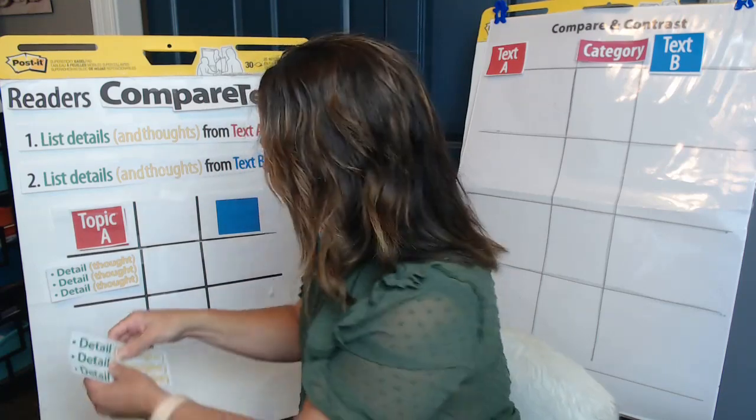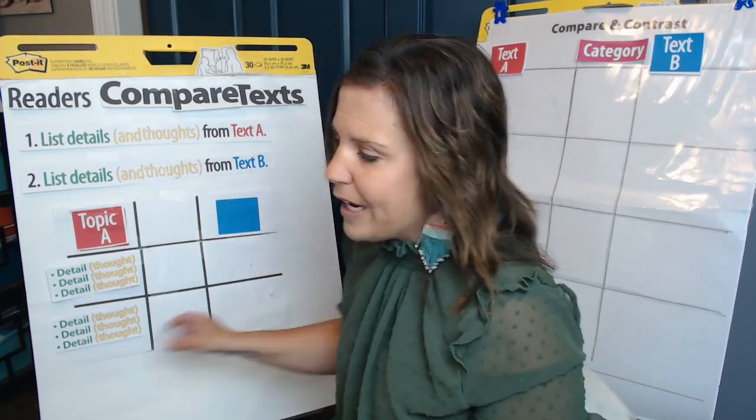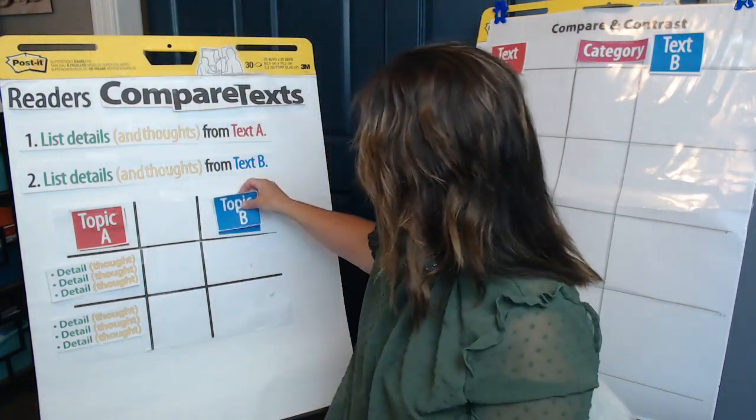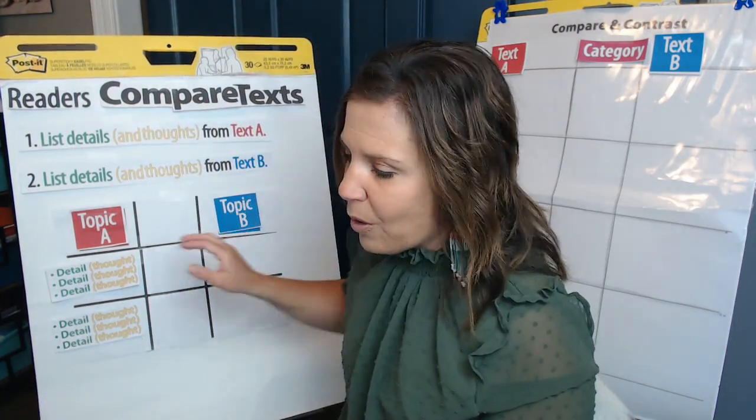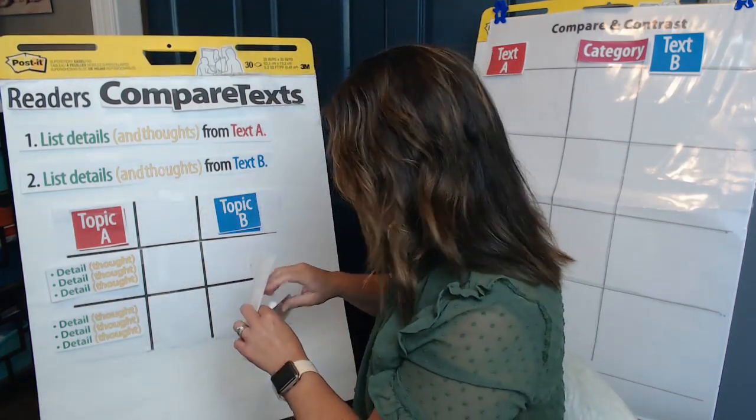Okay? All my reading voice and thinking voice details about text A. And then over here on topic B, the second topic, we're going to list all of our reading voice and thinking voice details underneath it.